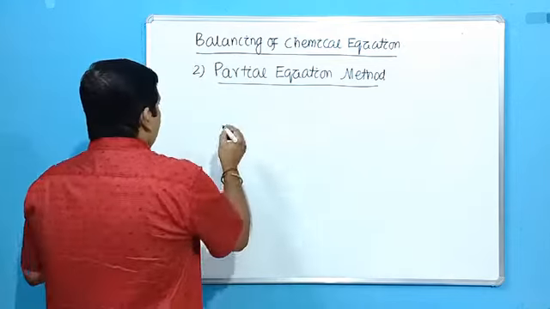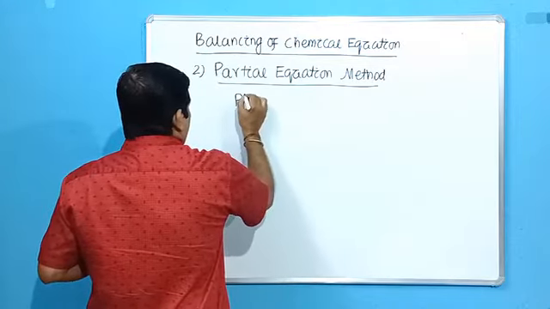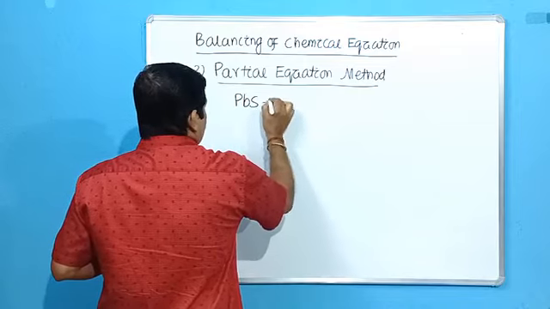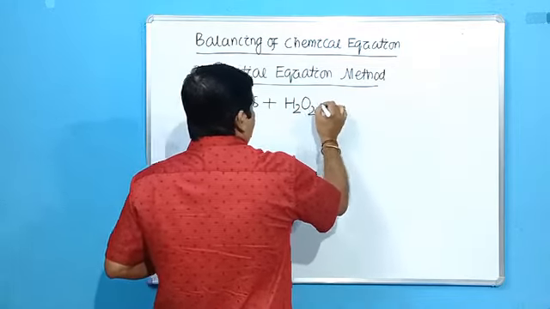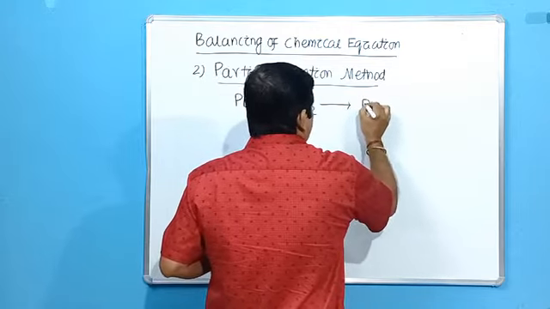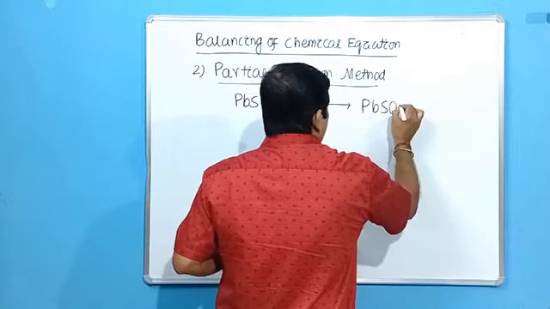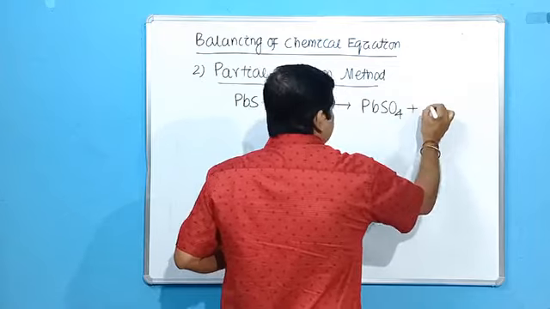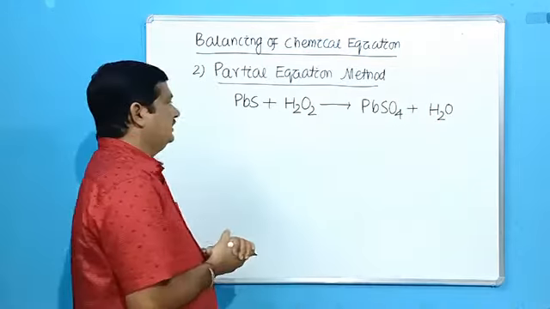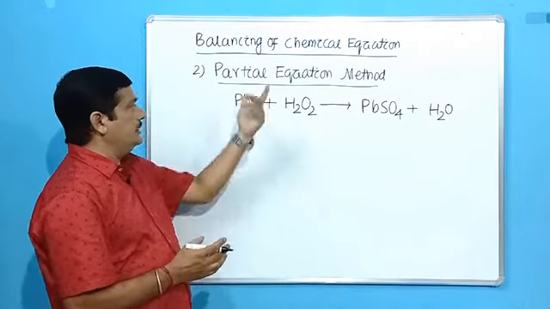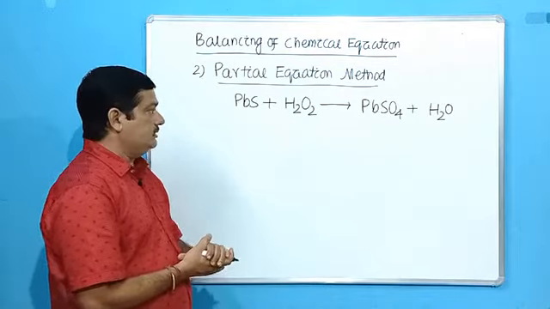For example, lead sulfide reacts with hydrogen peroxide to produce lead sulfate PbSO4 plus H2O. This is the skeleton equation which will be balanced by partial equation method.